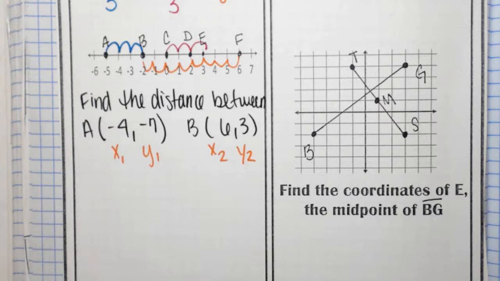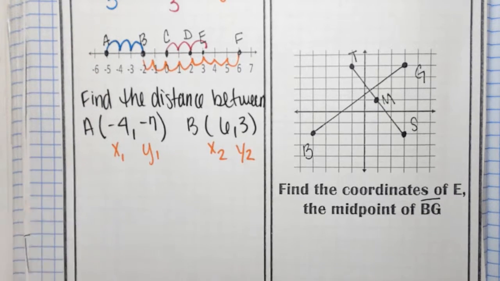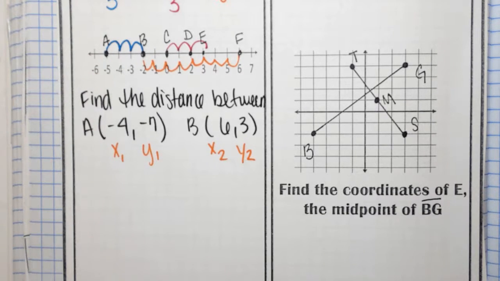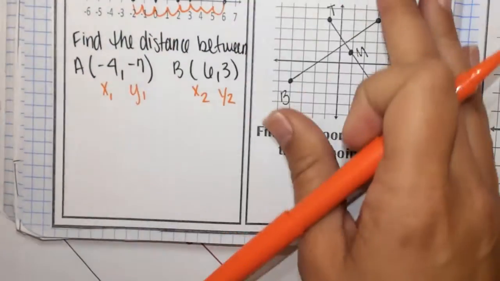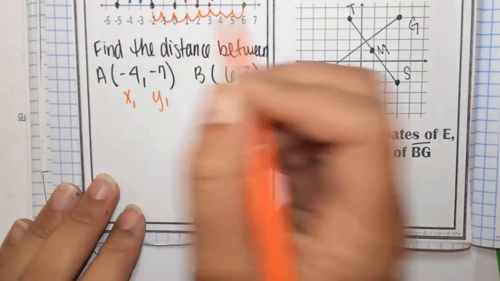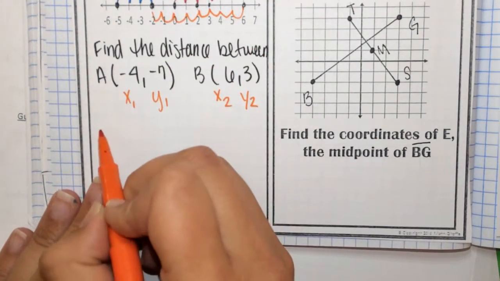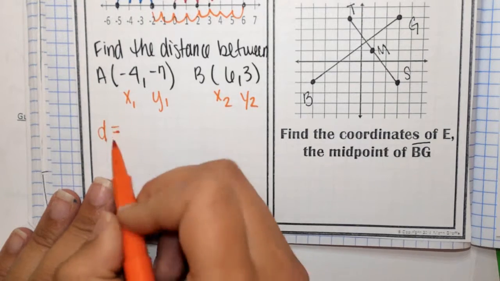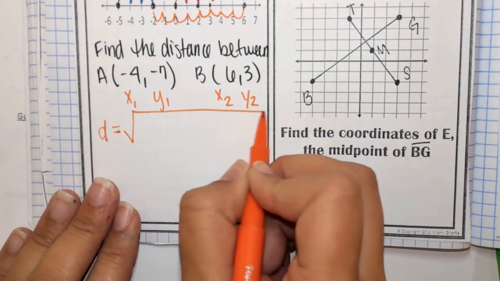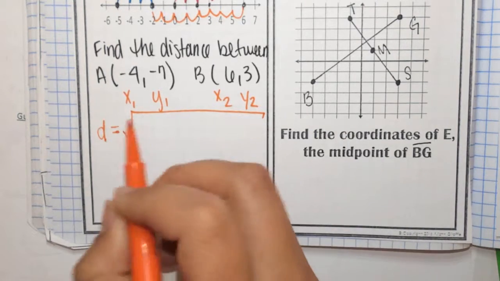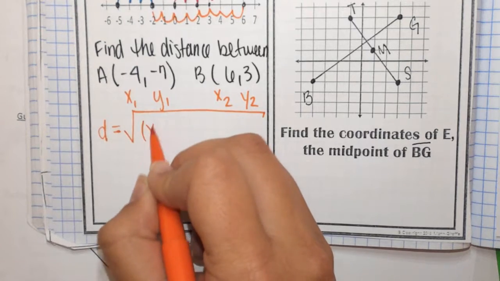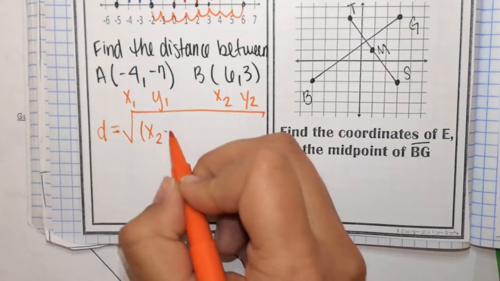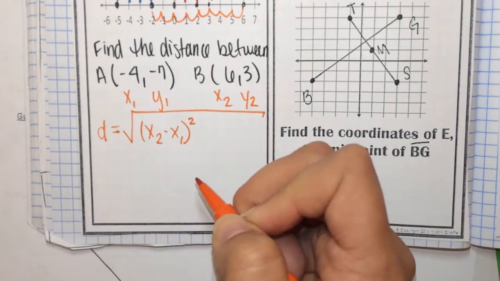Is everybody ready? Do we need a moment? Alright, so what I want you to do is I want you to please, kindly, write the distance formula over again. Who can raise their hand, not scream, and tell me what the distance formula is? Cameron. D equals square root of x2 minus x1, quantity squared.